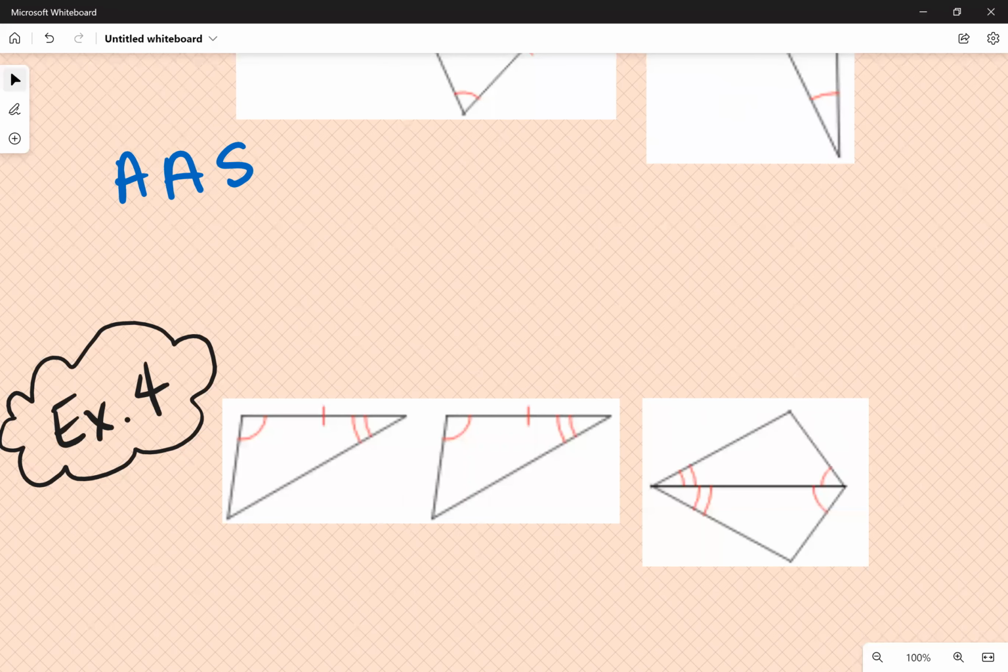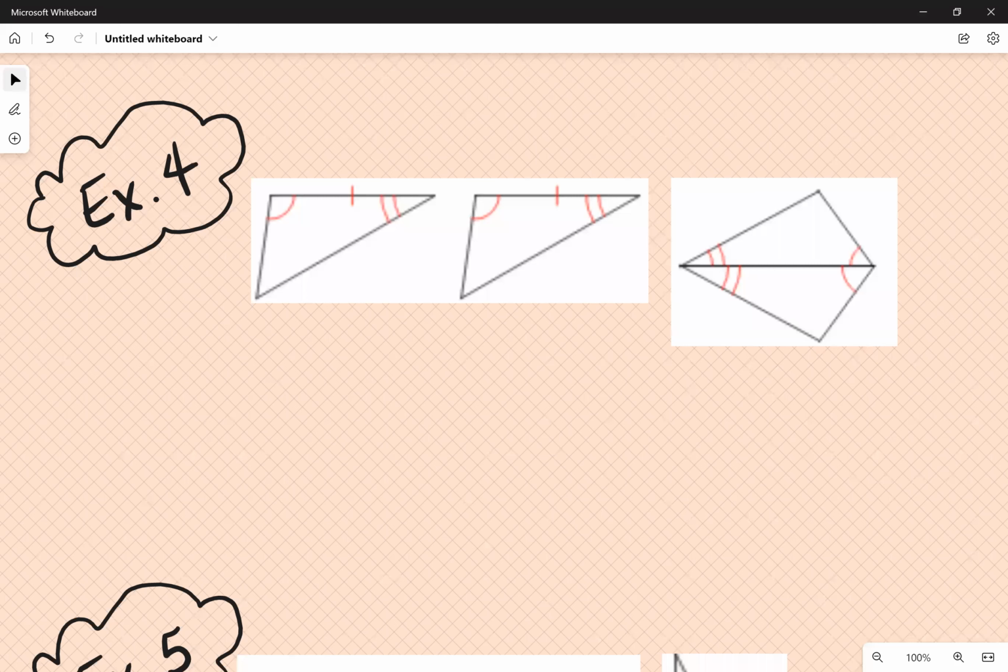So example 4, what I'm looking for this time is, and it doesn't matter which order in this case, I see an angle, consecutive, I see a side, and then I see an angle. Well, that's one of my postulates or theorems, right? Angle, side, angle, and I can just clearly see it's the exact same thing in the next triangle.